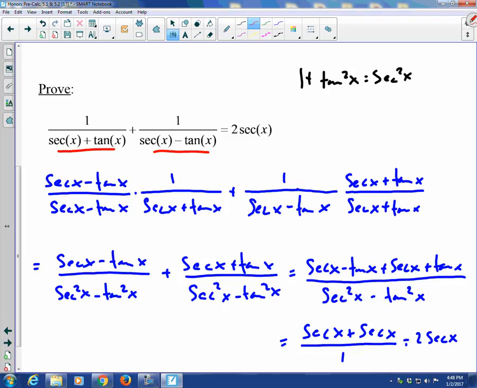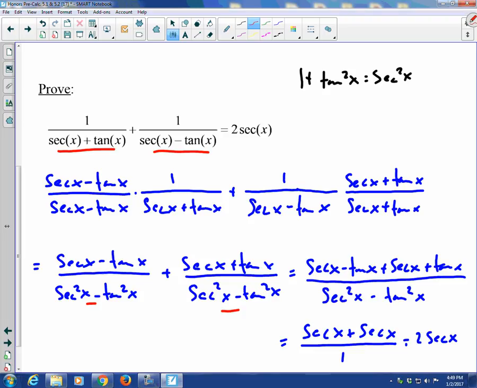When we do this, the secant x minus tan x is multiplied into the numerator for our first term, and our secant x plus tan x is multiplied into the numerator for our second term, and in our denominator we get that difference of squares, giving us secant squared x minus tan squared x for both of our denominators, right? Now we can bring these two terms together and make them one term.